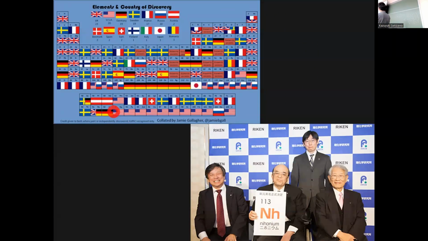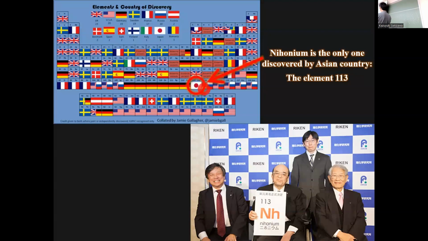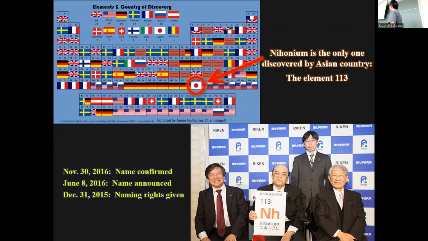Those represent the flags of the countries that found the new elements, and this is the only Asian country that has had a naming license. And this guy is Morita-san, who was the leader of these experiments.